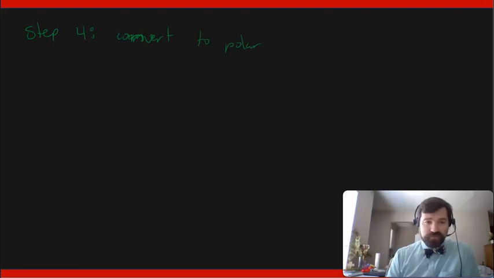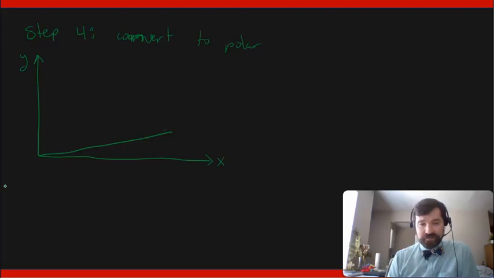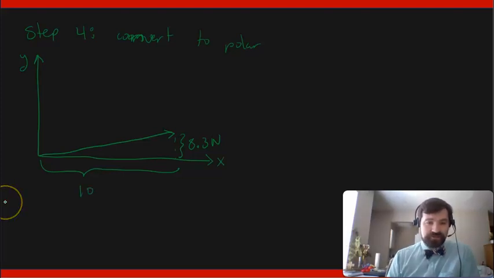Now, to do step 4, it's not a bad idea to draw ourselves a diagram, which we did in the previous video when we added these together. The resulting vector is in this quadrant. This side has 8.3 newtons, and this side is my 109.6 newton side.